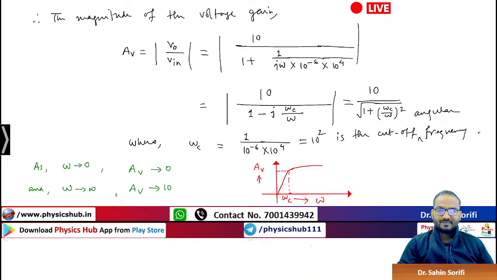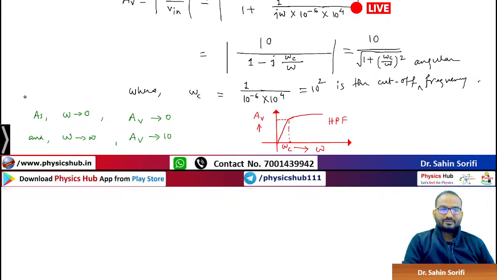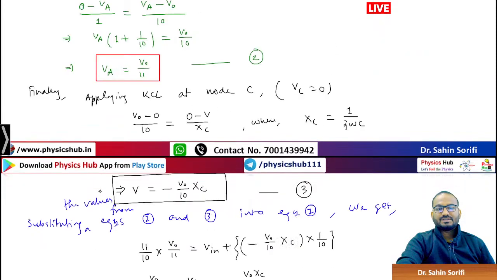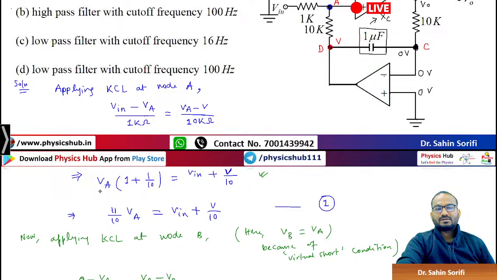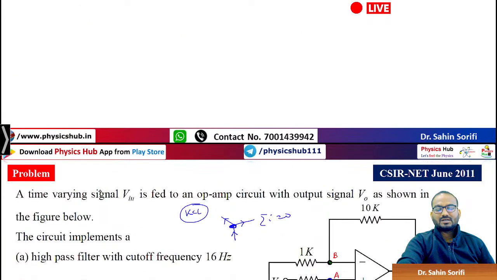Okay. So this is a high pass filter. It is only allowing higher frequency signals. And we also need to calculate the frequency. In the question, the high pass filter cutoff frequency.